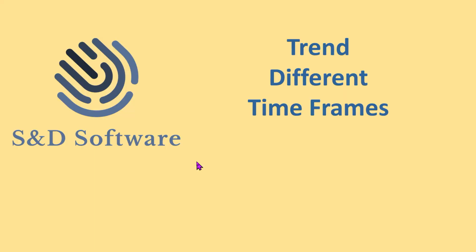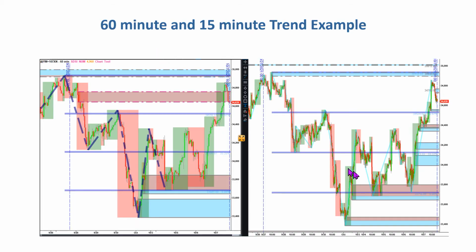So let's look at trend on some different time frames. In this example here, we have a 15-minute chart and a 60-minute chart, and you can see that the different trend features have been turned on. We have the bull and bear boxes, the impulse and correction, and the prior trend CIC high low turned on.